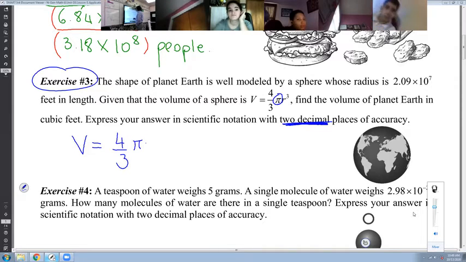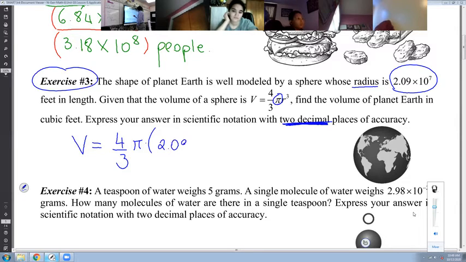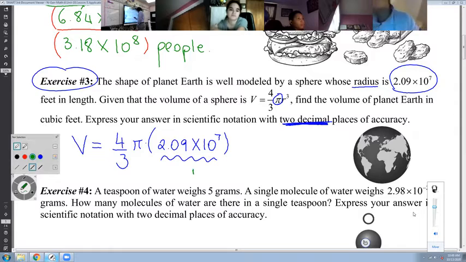Pi r cubed. What is the radius? Am I given the radius? What is the radius? Yes. Radius is 2.09 times 10 to the power of 7, close the parenthesis. This is R. But it is not just itself.